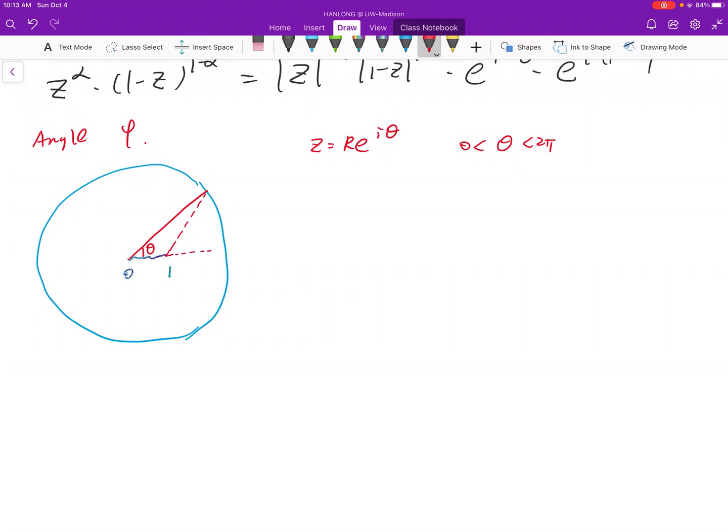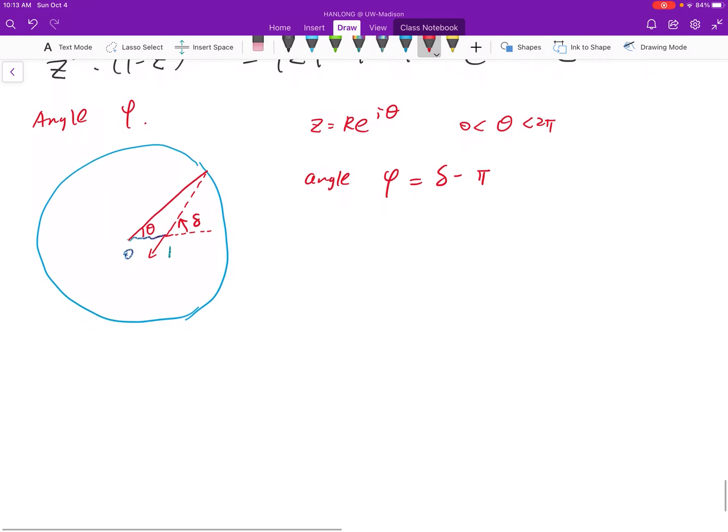And the angle phi is this one. So it will be delta minus pi, where delta is this angle.